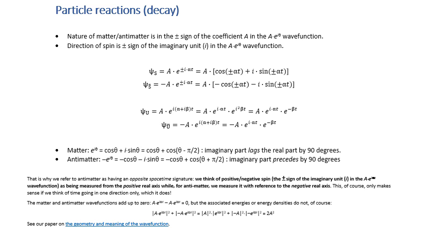Another way of thinking about it, which is very interesting, is that what I write there for matter is actually Euler's formula: e to an imaginary power is the cosine of the phase plus the imaginary unit times the sine. And we know the sine is the same function as a cosine, just lagging behind by 90 degrees, in radians pi divided by 2.